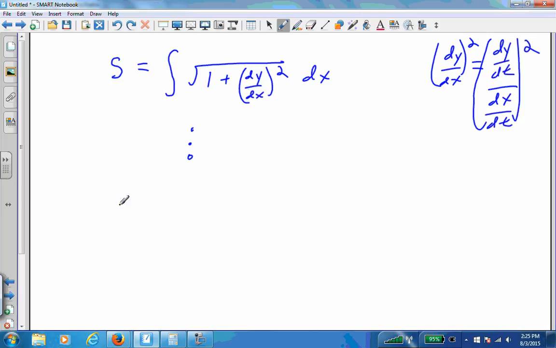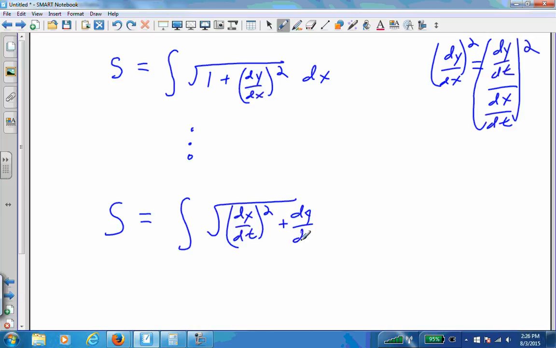And when we simplify that, it turns out that our arc length becomes the integral of the square root of dx over dt squared plus dy over dt squared, dt, from A to B, where A and B are t values.